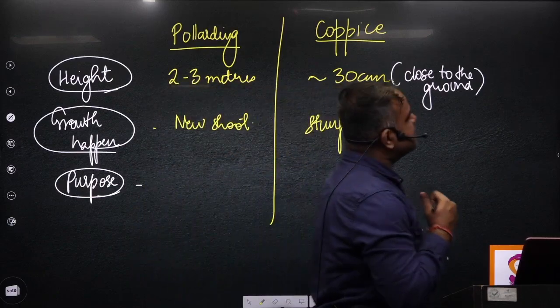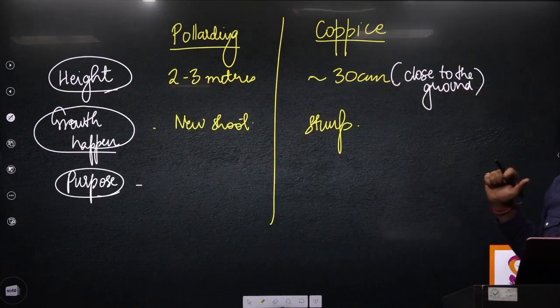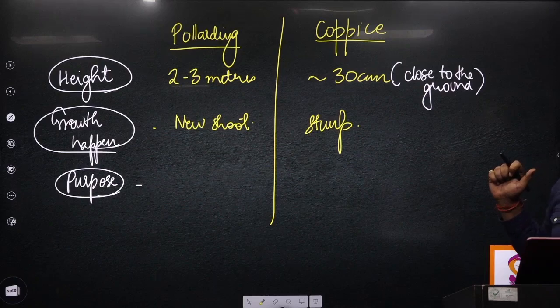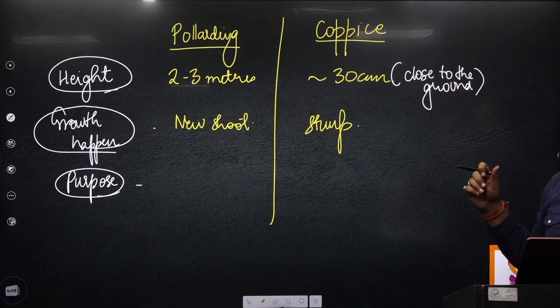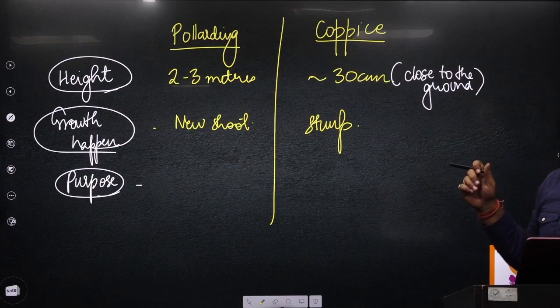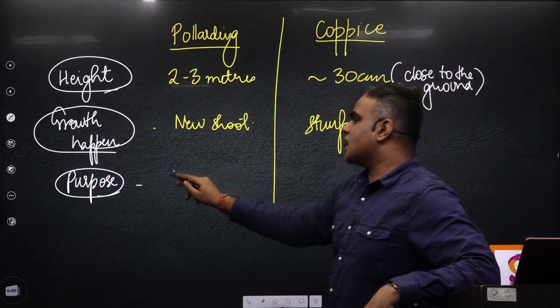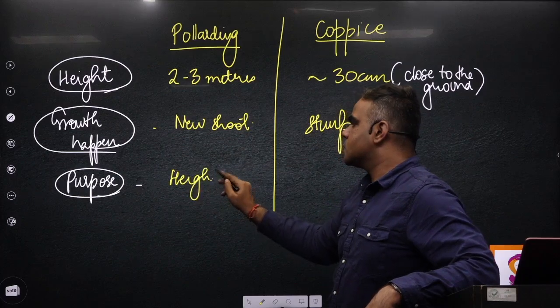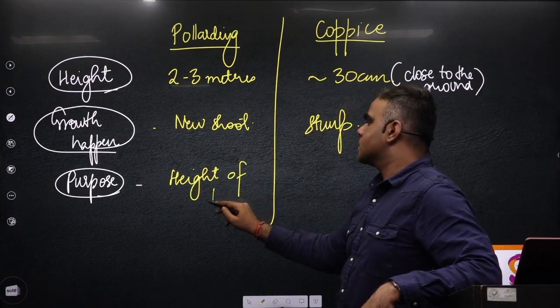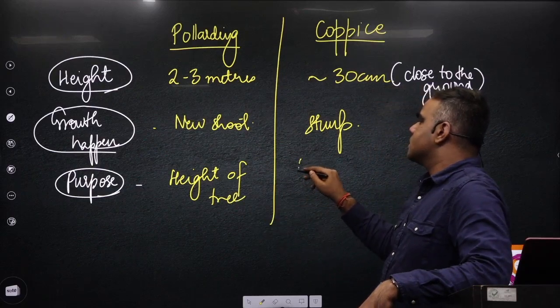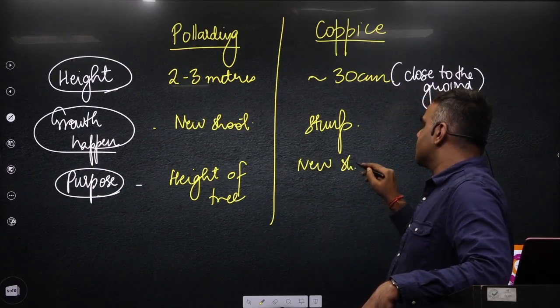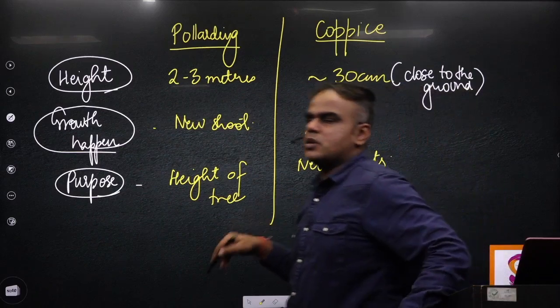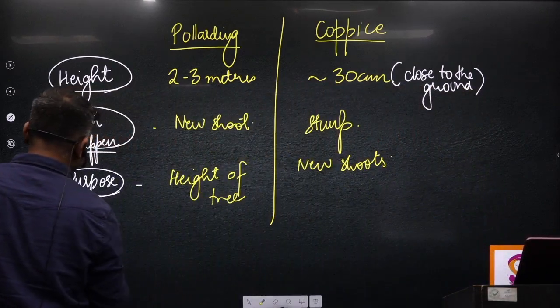The purpose is what we just spoke about, that is what you can write. Similarly for coppice, the main purpose is preparing new shoots, whereas in pollarding the idea is to manage the height of the tree. And then last, you can give examples like we've discussed.